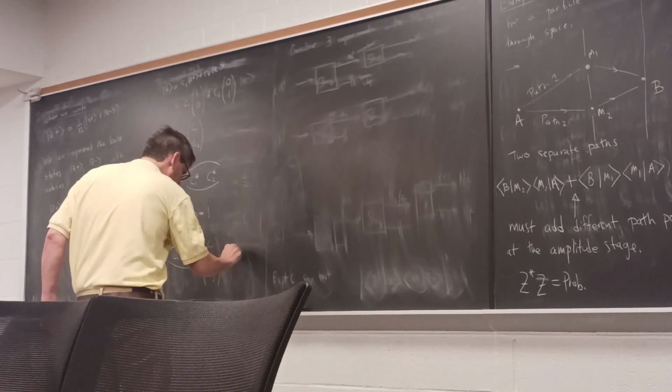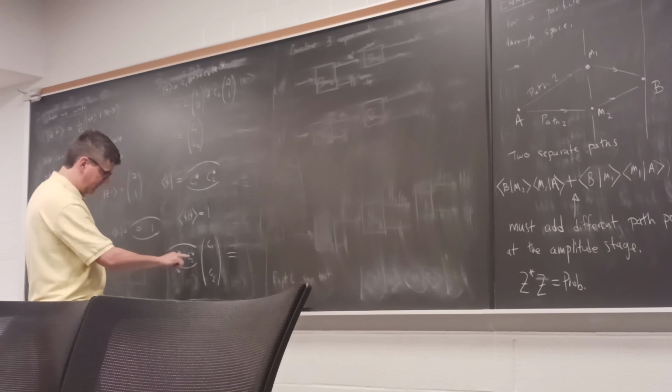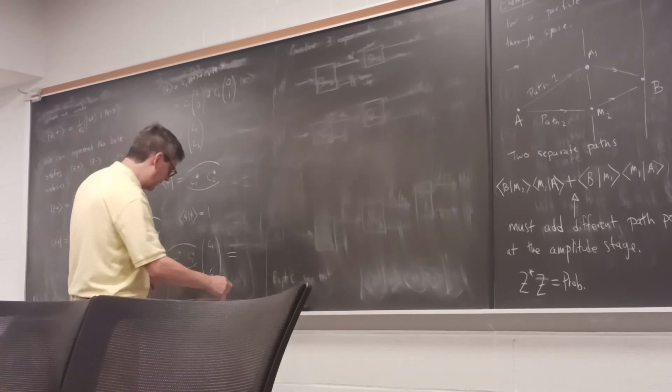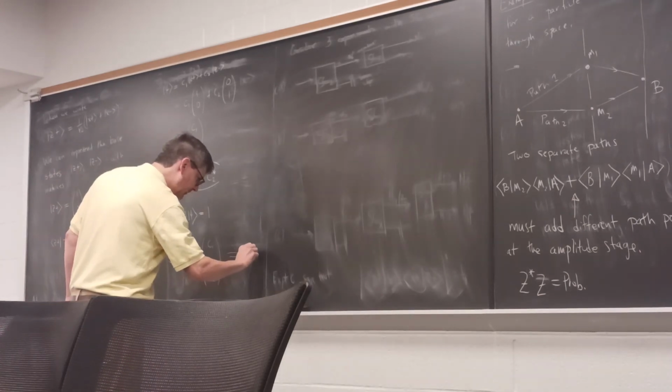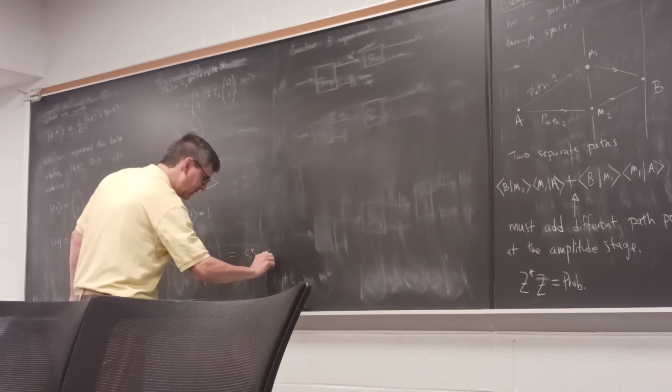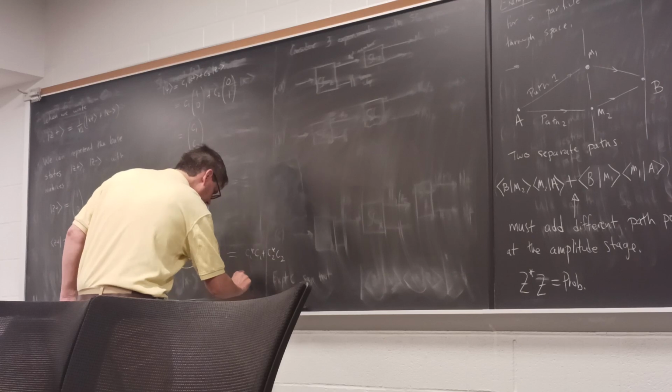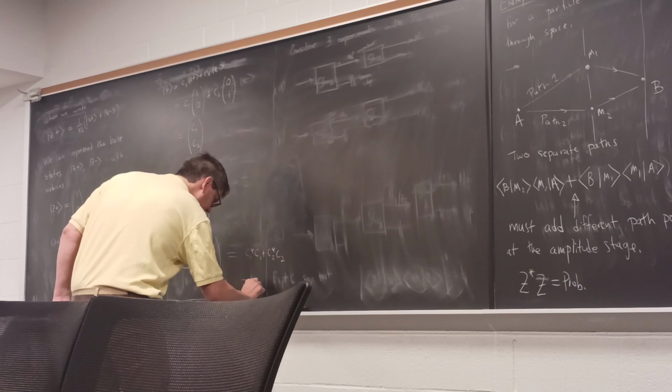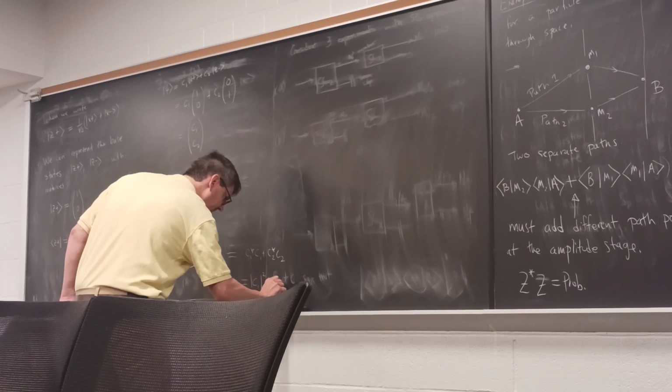This is equal to doing the row column multiplication here. We have C1 star C1 plus C2 star C2. So this is just the magnitude of C1 squared plus the magnitude of C2 squared.